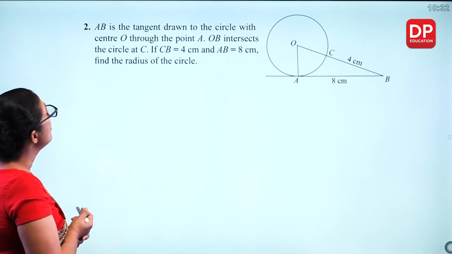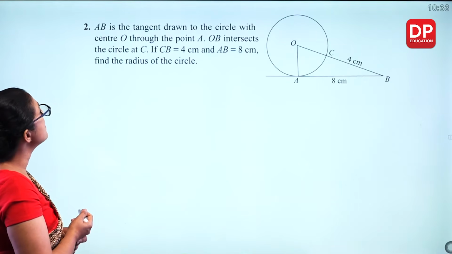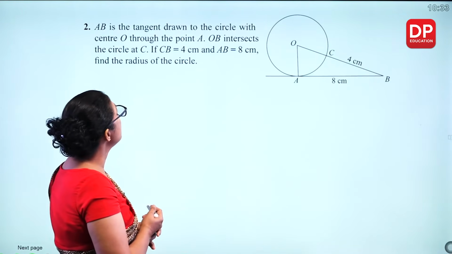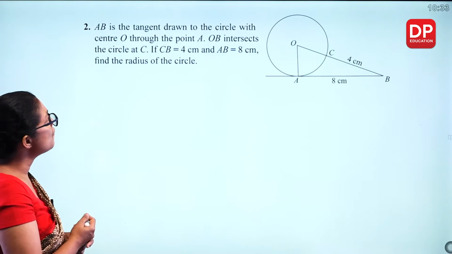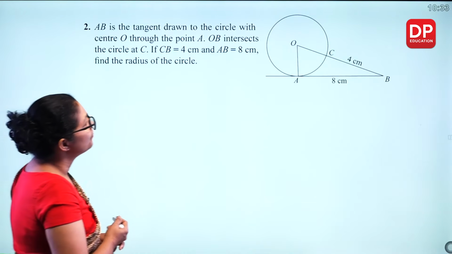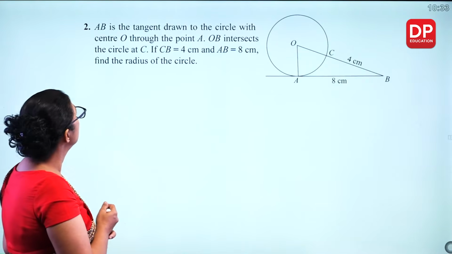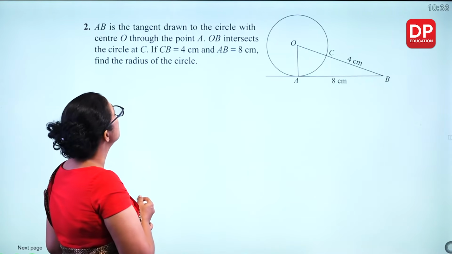Question number 2. AB is the tangent drawn to the circle with center O, through the point A. OB intersects the circle at C. If CB is 4, it's given, and AB is 8, find the radius of the circle.